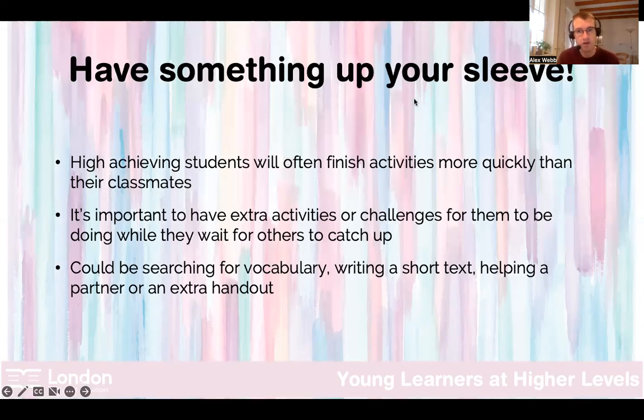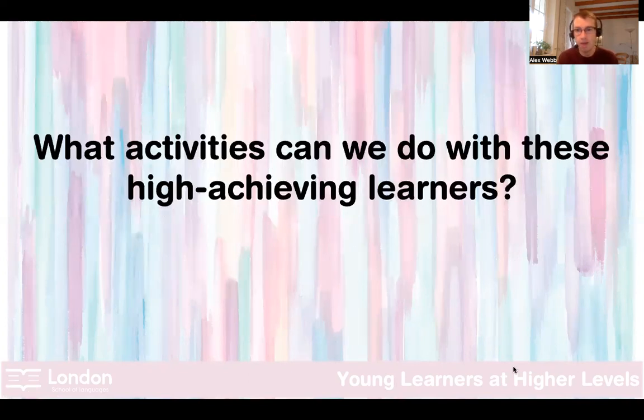Okay, or very simply, if they have finished and you've got a weaker student in the class who struggles with this kind of activity, get the stronger student to help the weaker student with the activity.